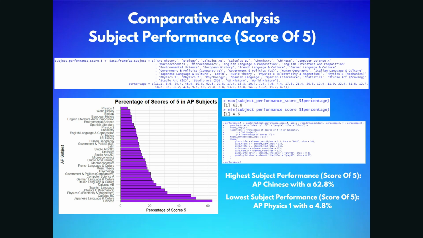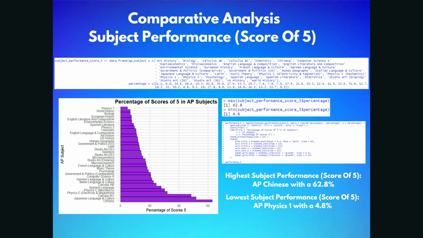So you can see that the highest subject performance for those who scored a 5 is AP Chinese, with a 62.8% rate, and the lowest subject performance who scored a 5 is AP Physics 1 with a 4.8% rate. So you can see that Physics 1, based on the graph, is incredibly difficult for students. That's why they make the exams harder, and Chinese is considered the easiest.